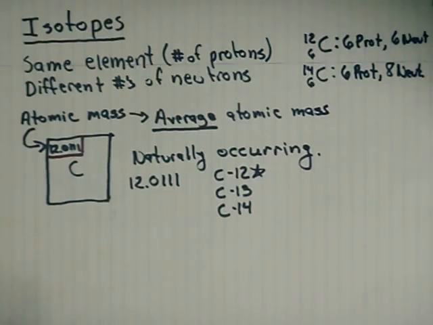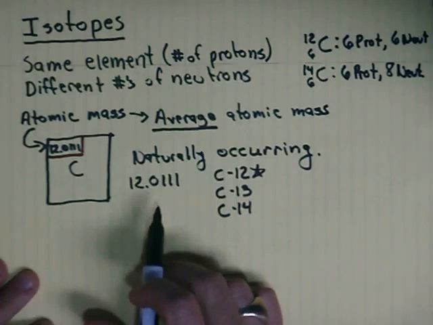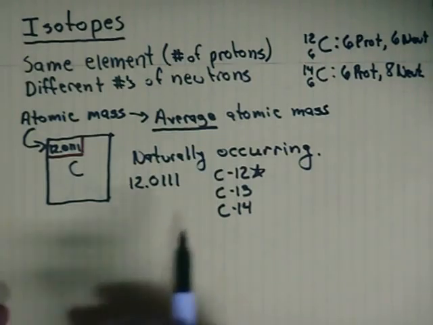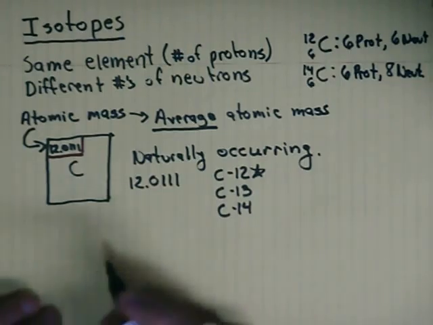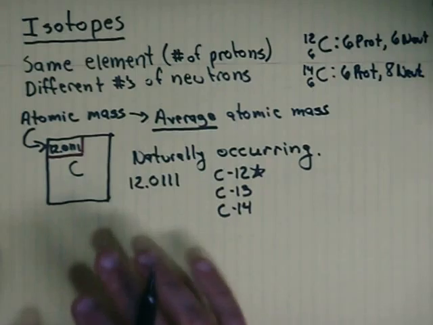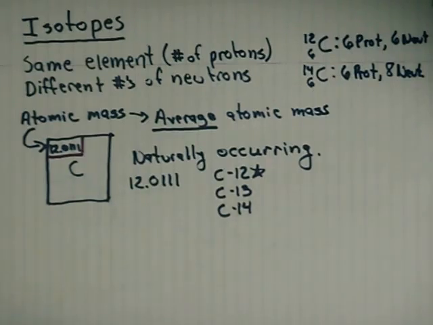So how do we calculate this? Really, it's just averaging. So, for example, and these aren't real distributions, I'm just going to make it up.